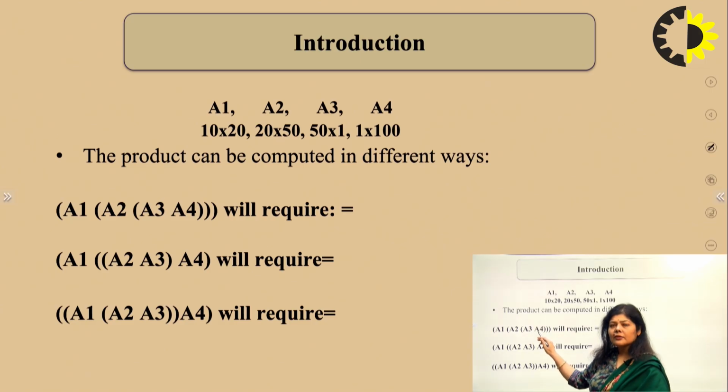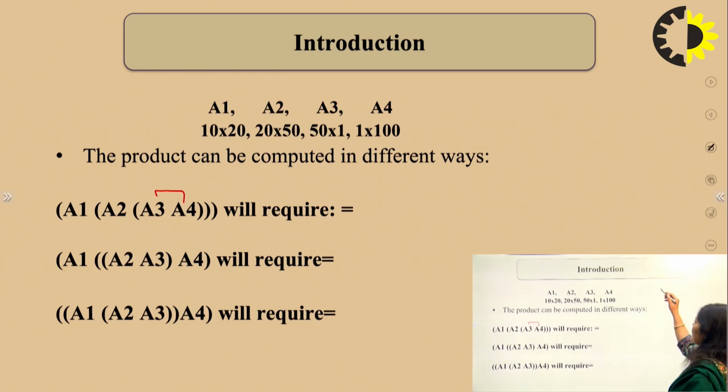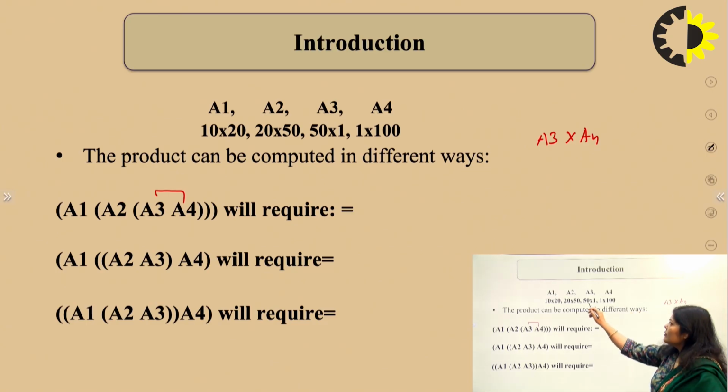This denotes that first I pick up A3 and A4 to multiply together. What are the dimensions of these two? A3 is 50 cross 1 and A4 is 1 cross 100. We are not repeating the inner dimension.